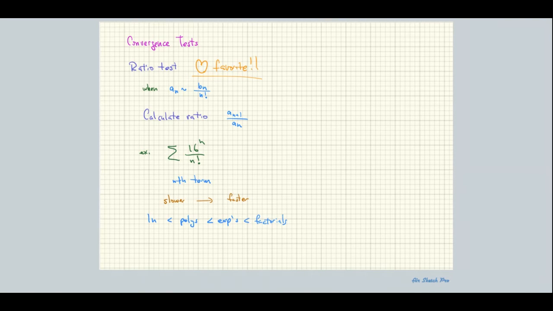For n factorial, you're seeing 16 over 1 times 16 over 2 times 16 over 3. These are like the first three terms. That's the third term, 16 to the first over 1, over 2, over 3, which is the 3 factorial. Now, eventually, by the time we get to the 16th term, you're looking at 16 over 16.